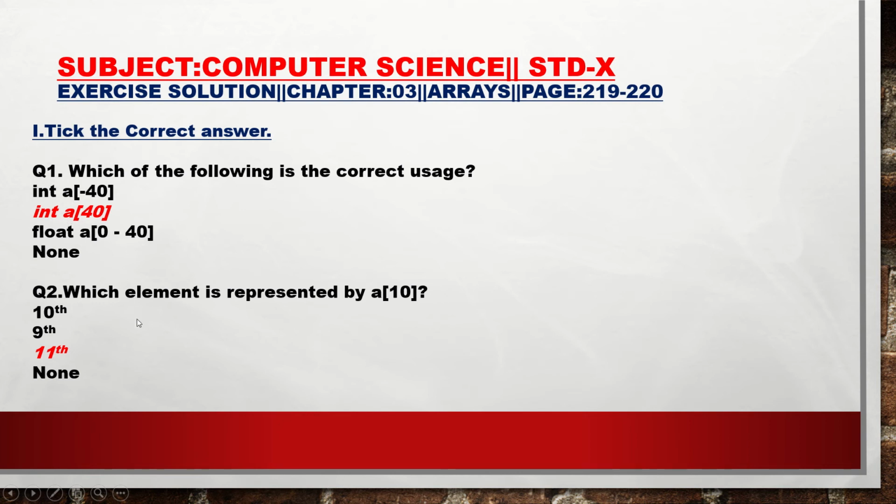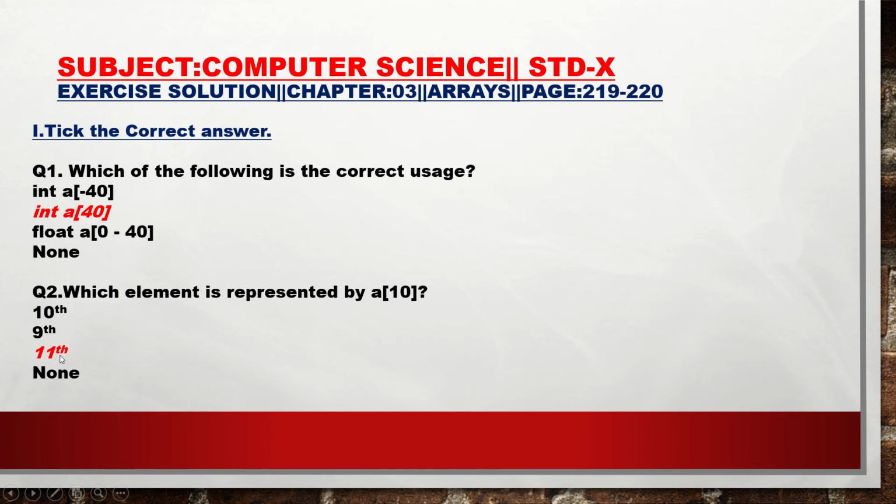The next question is, which element is represented by a[10]? a[10] means index number 10, that is the subscript 10, starting from index 0. Starting from 0, it is the 11th element. Start counting from 0 till 10, and it comes to 11.